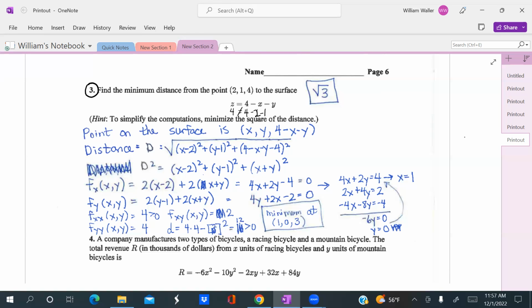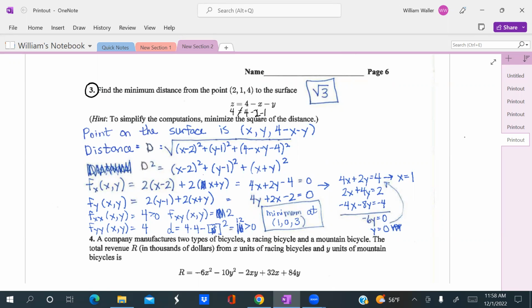If it's an arbitrary point on the plane, you can have any x coordinate, any y coordinate, but of course the z coordinate must satisfy this equation, right? So all the points on this plane have coordinates that look like this. And so you can now compute the distance from an arbitrary point on the plane to the given point, (2, 1, 4). And we'll try then to find what choices for x and y would give us a minimum distance to that given point.